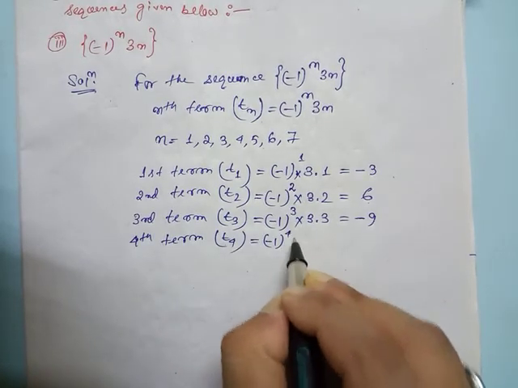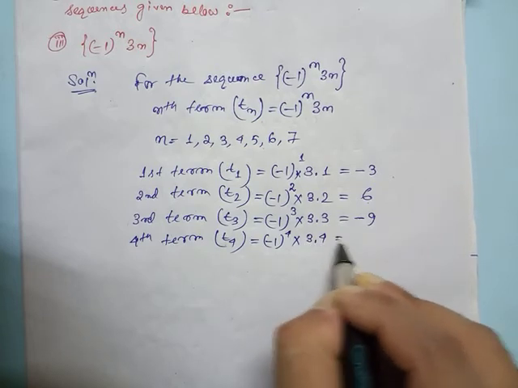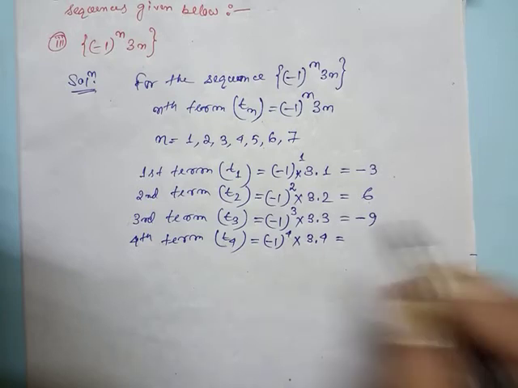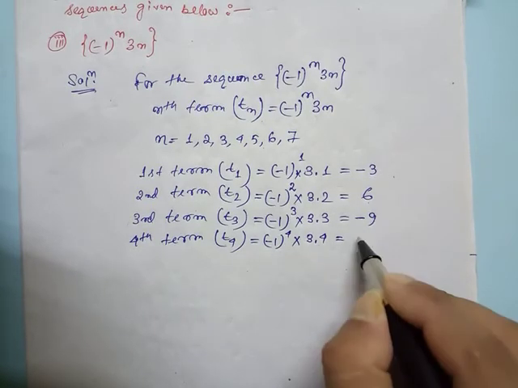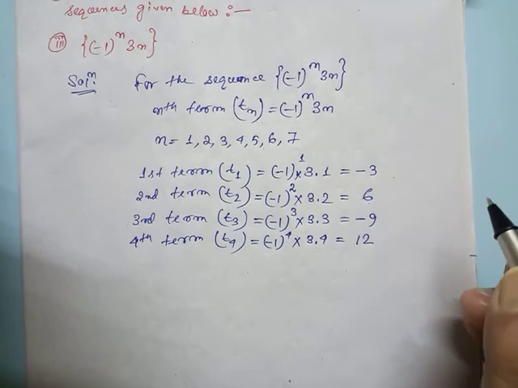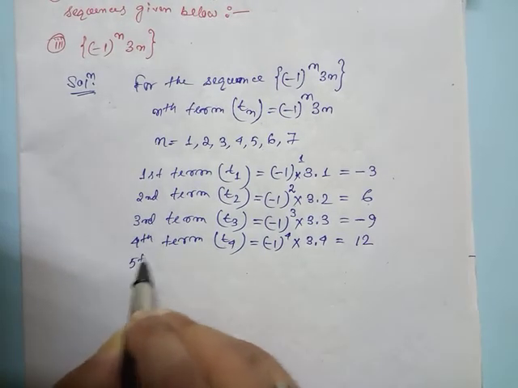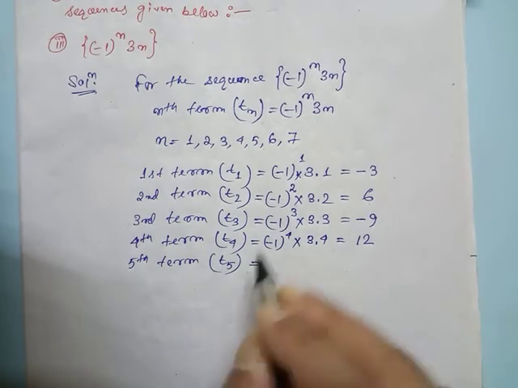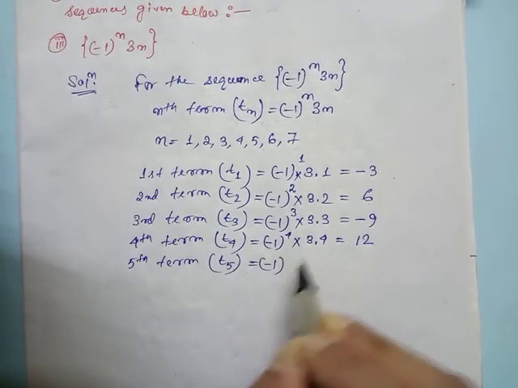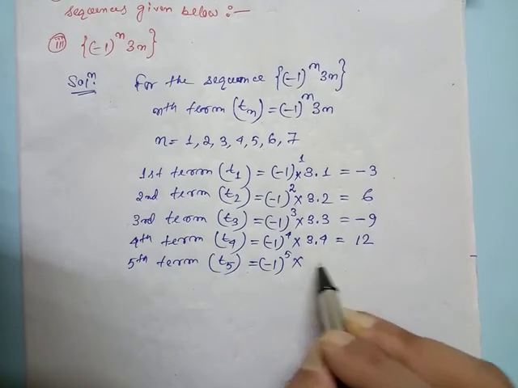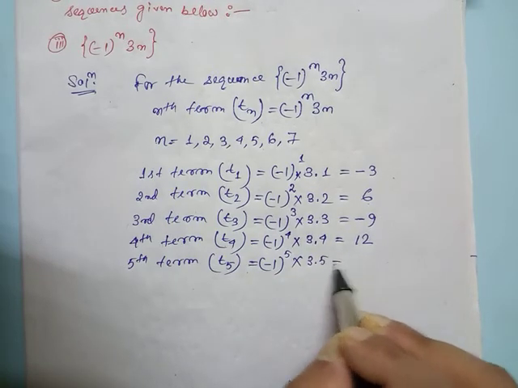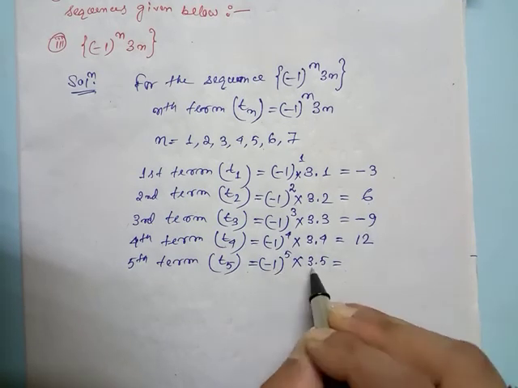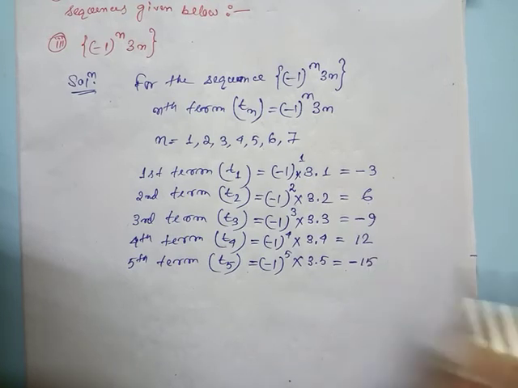Minus 1 to the power 4 into 3 into 4, which means minus 1 having an even power becomes plus 1. 3 fours are 12. Fifth term, t5. Minus 1 to the power 5 into 3 into 5. Minus 1 having an odd power means minus 1, and 3 fives are 15, means minus 15.